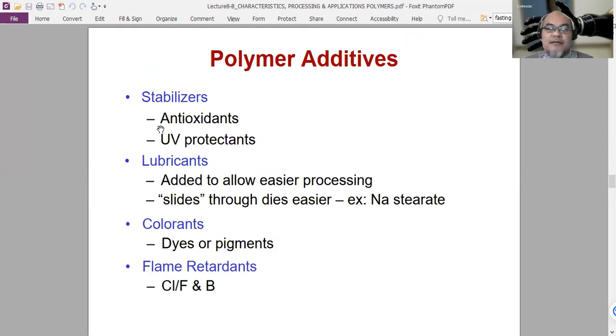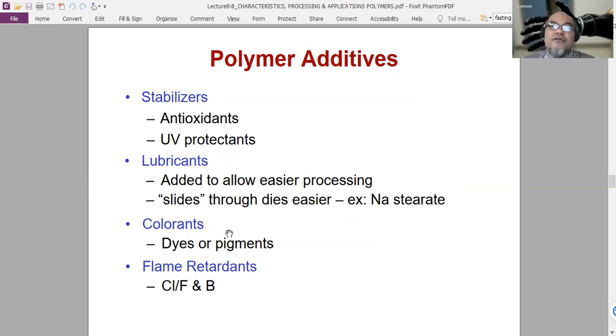Then stabilizer, which protects the polymer, for example as a UV protectant, so that the polymer does not degrade easily upon UV radiation, or as an antioxidant. Lubricant is a polymer additive added to allow easier processing of the polymer, so that it will slide through the dies more easily. An example is sodium stearate.